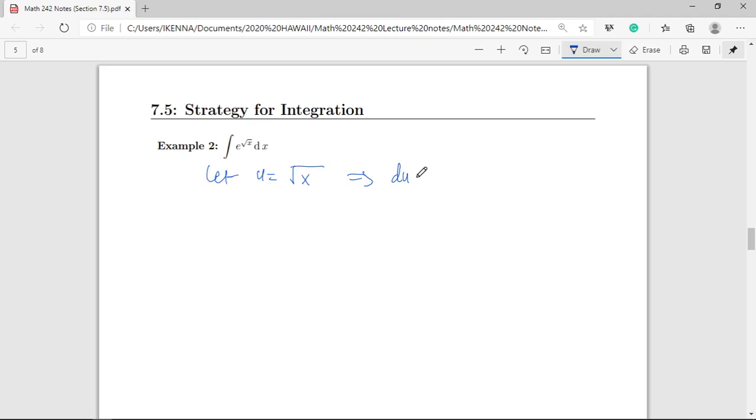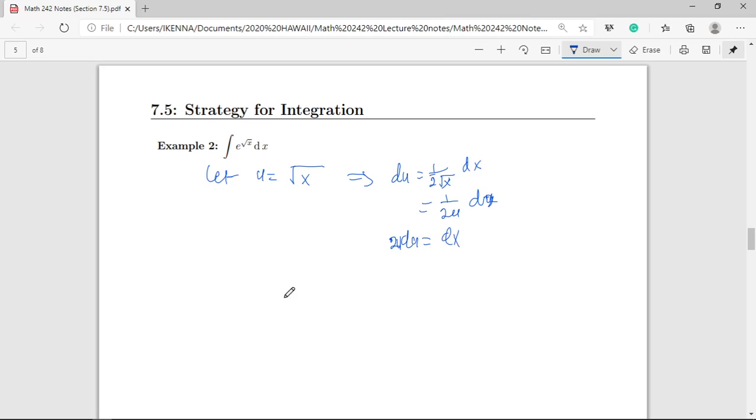This means that my du is equal to 1 over 2 square root of x dx, which is equal to 1 over 2u dx, so that 2u du is equal to dx.